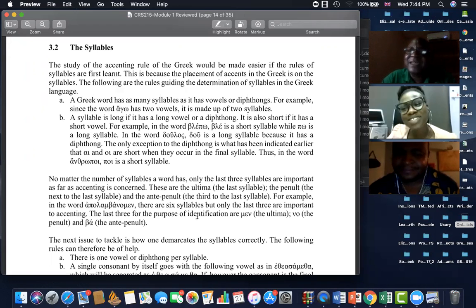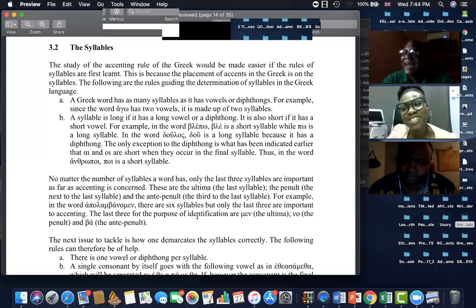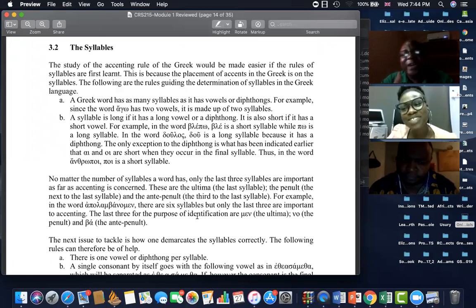In the third person, it becomes luai, and it becomes he or she or it loses. Now, the third person can be masculine, feminine, or neuter. So that's why we use he or she or it. Are you getting it?